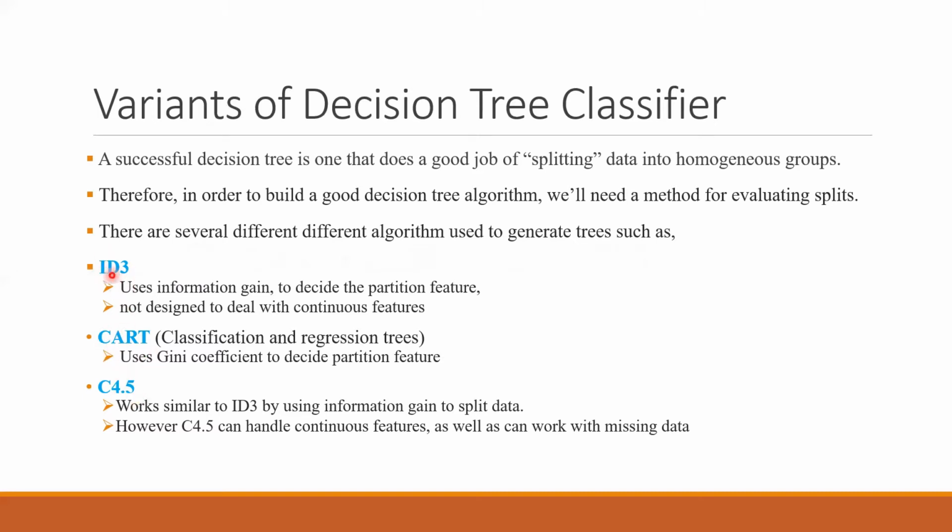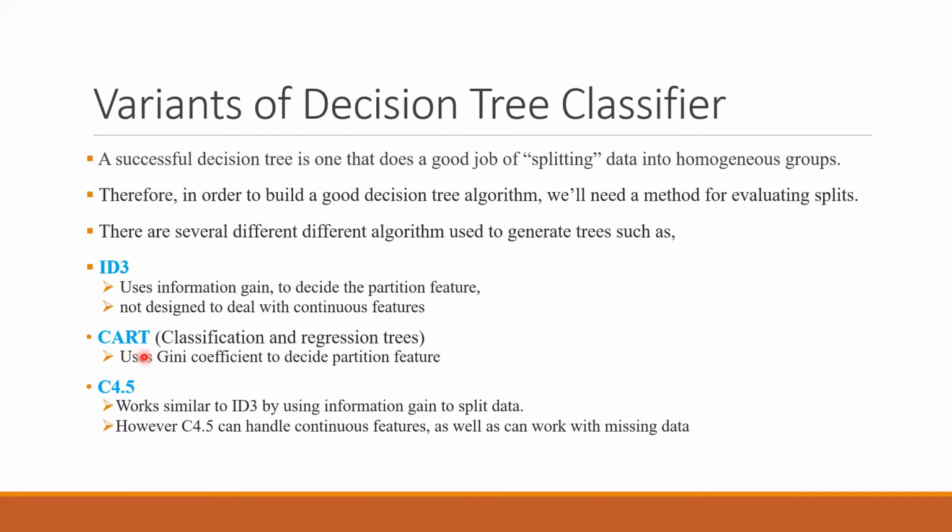For ID3, we make use of information gain to decide the partition feature, and it is not designed to deal with continuous features. Generally ID3 is only for classification, not for regression.